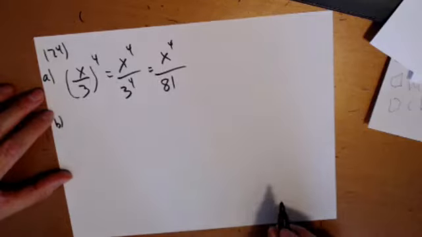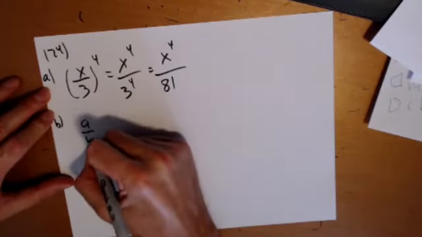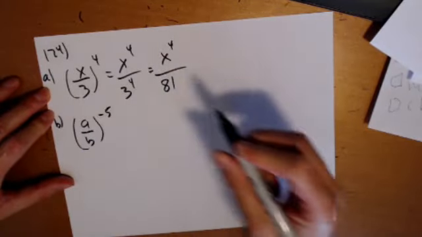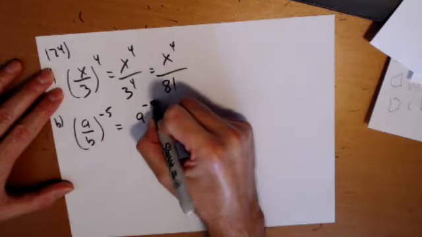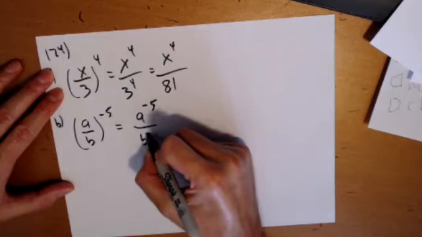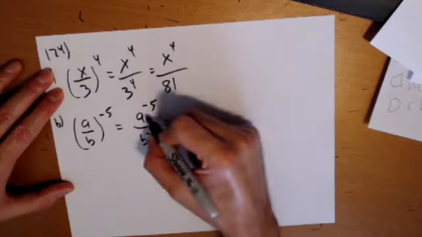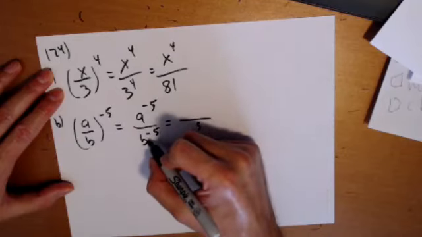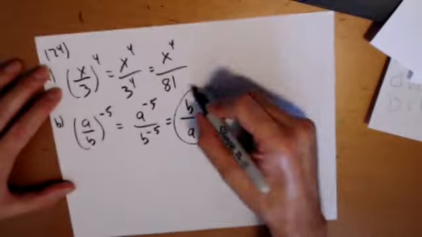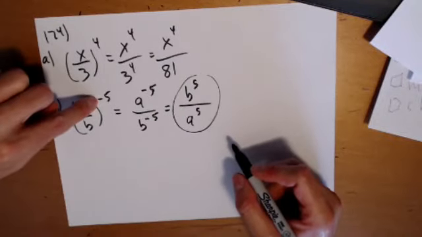B. a over b to the minus 5. I'll show you my fancy trick in a second, but you may say that's a to the minus 5 over b to the minus 5. So a to the minus 5 upstairs becomes a to the positive 5 downstairs, b to the minus 5 downstairs becomes b to the positive 5 upstairs. That works. Or I might have said, oh, there's a negative exponent.